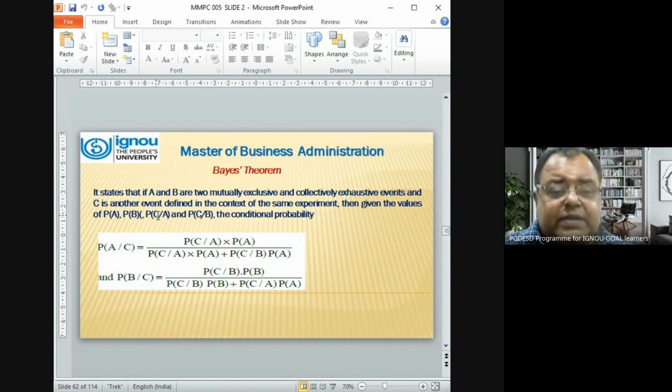Here we have written P(C|A), and we are asking for P(A|C). We will be multiplying P(C|A) by the probability P(A) in the numerator, and in the denominator we will write P(C|A) into P(A) plus P(C|B) into P(B). Similarly for P(B|C), we will change A to B, and the denominator will remain the same.